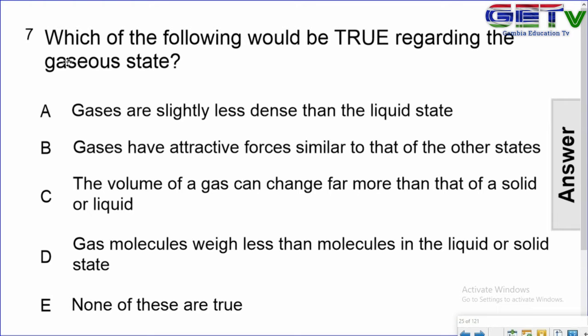And E, none of these are true. With regards to this question, letter C is the correct answer. Statement B, that gases have attractive forces similar to that of other states, is wrong. The attractive forces in gases cannot be compared to the attractive forces in other states.